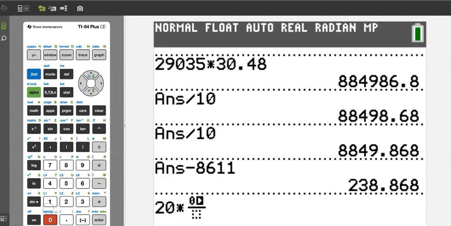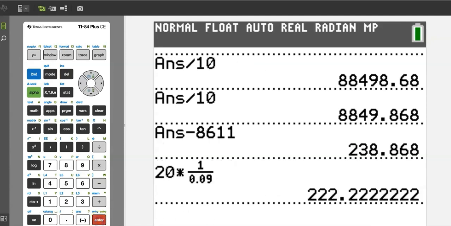So let's fix this. Go away and scroll down. There we go. 0.09. Now we got it. And there's our answer. And again, this says round to 2 decimal places. So your final answer will be 222.22.